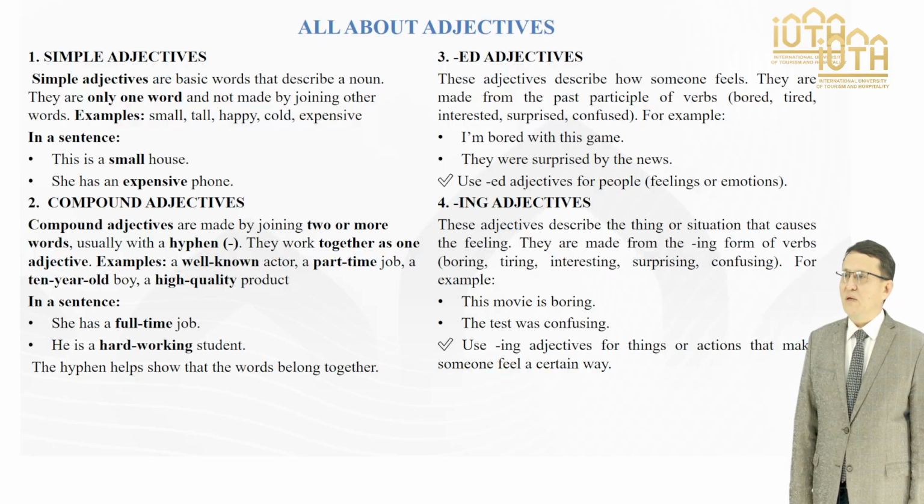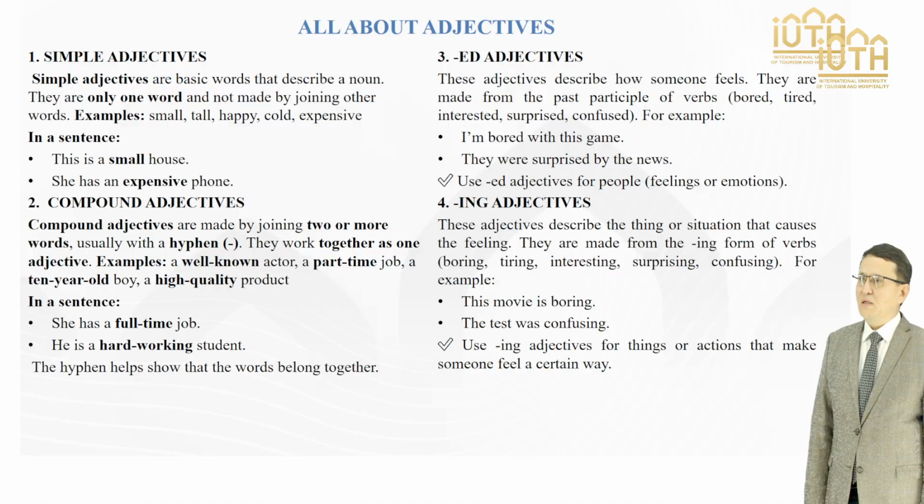They are made from the ing form of verbs. For example, boring, tiring, interesting, surprising, confusing. Okay, and the tip that you have to know: use ed adjectives for people, feelings, or emotions, and ing-ending adjectives for things or actions that make someone feel a certain way.